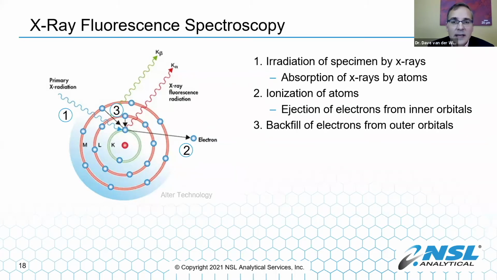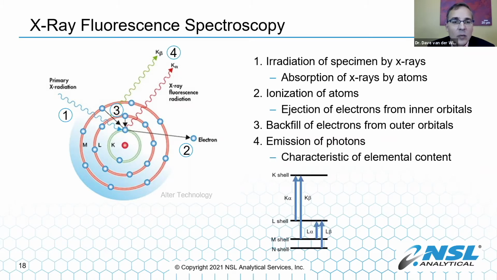And here you see a couple examples where L or M shell electrons are backfilling from higher energy orbitals. So that change, when electrons shift orbits like that, always leads to an emission of some sort. For XRF, we look at the emission of photons, and both alpha and beta types are shown here for these K-shell electrons, and the spectra that results is going to be characteristic of a particular element.